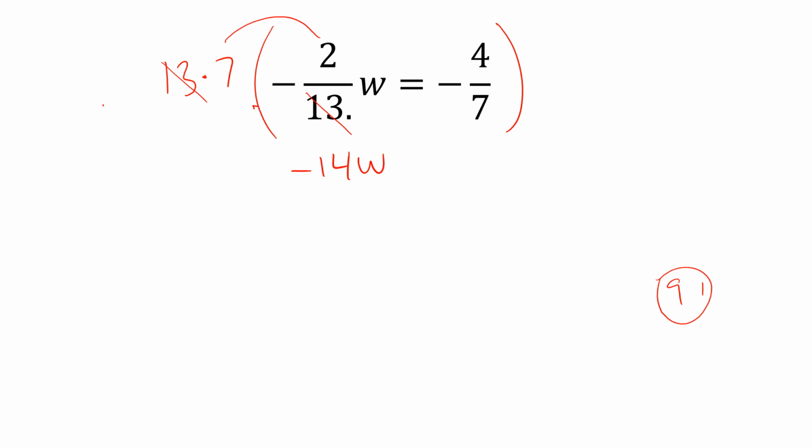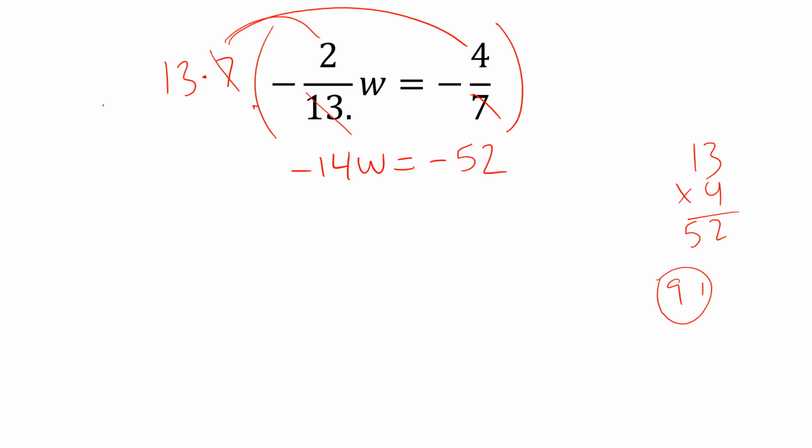And then equals, and multiply this. In this case, I'll erase that. The 7s would cancel, and 13 times 4 is 52. So that would equal -52.